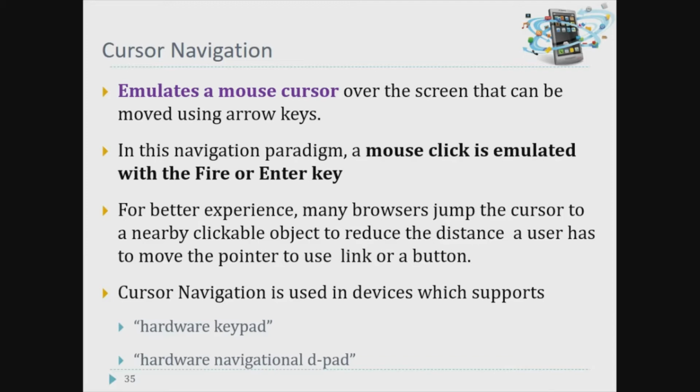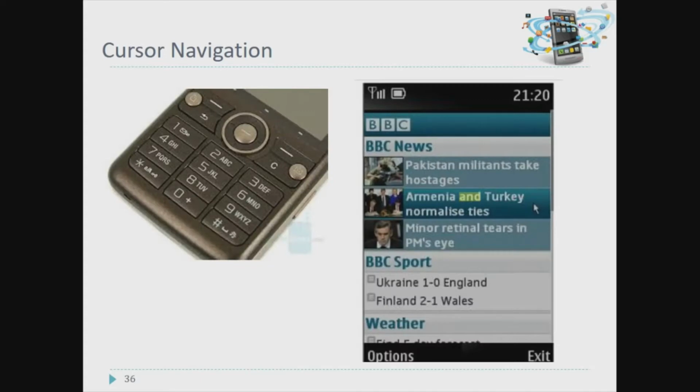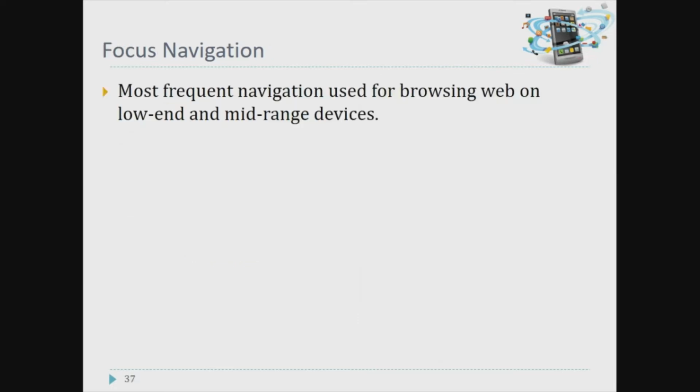So it emulates the mouse cursor on the mobile device. This is an example of the cursor navigation. We use the keypad here in order to move up and down based on this kind of interface. This is how the cursor navigation works.